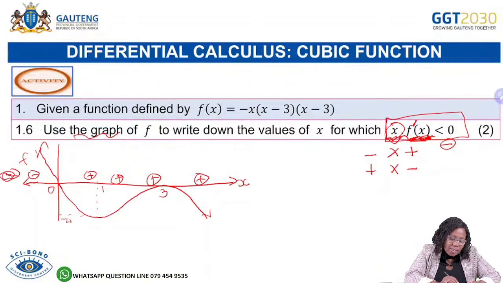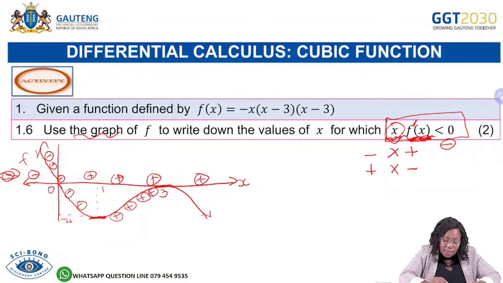So in this case, since it is decreasing on this side from left to right, it will be a negative gradient. We exclude the stationary point there because the graph is stationary. Immediately after the stationary point, the gradient is positive because the graph is increasing. At the stationary point, it is stationary. And then it goes down, it is decreasing.